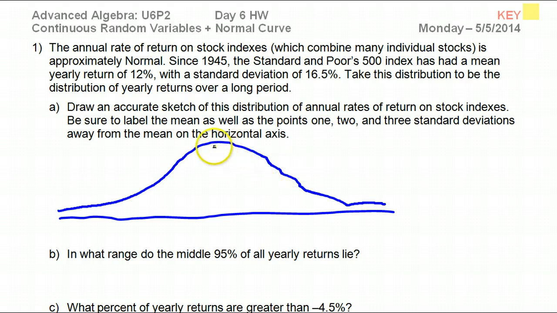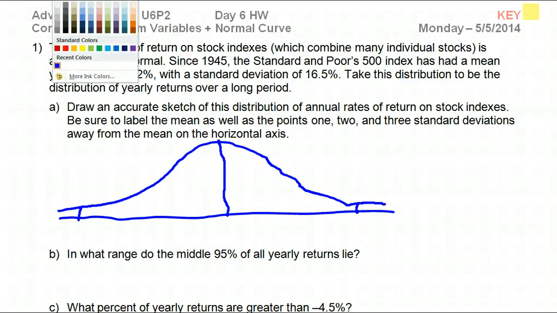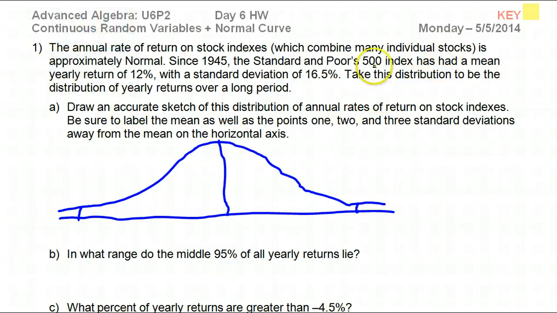Okay, now I would put one line right at the middle. That's your mean. And I would put 2 additional lines near the edges. Now, so the middle line, that's your mean. So it's a mean of 12%. So I'm just going to put a 12 right here.